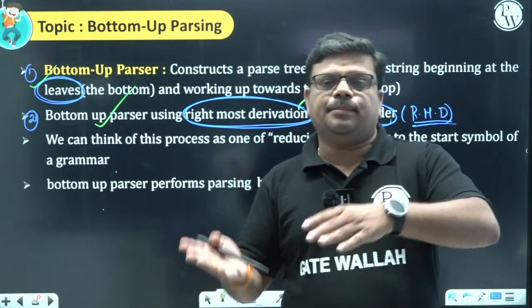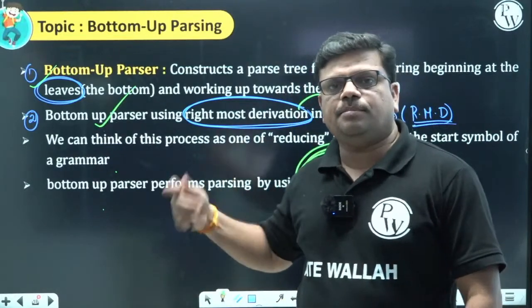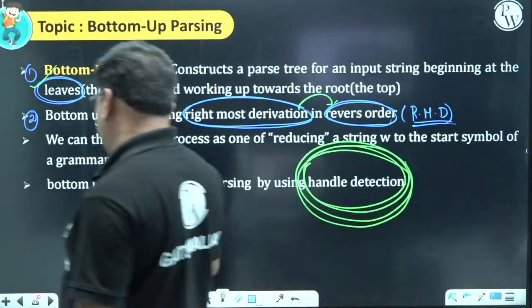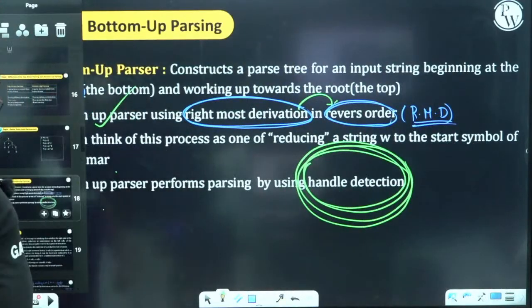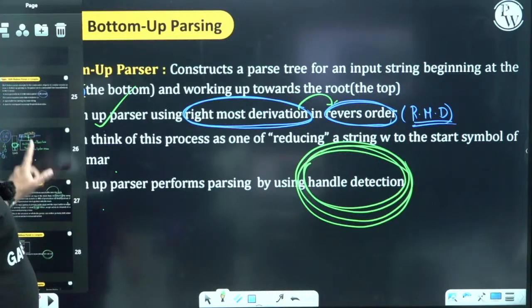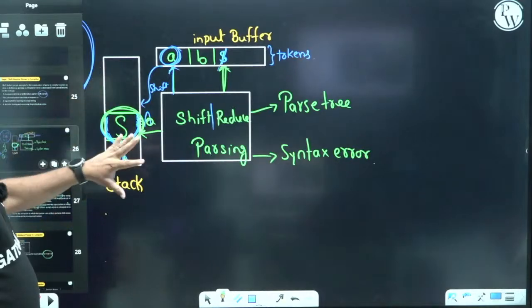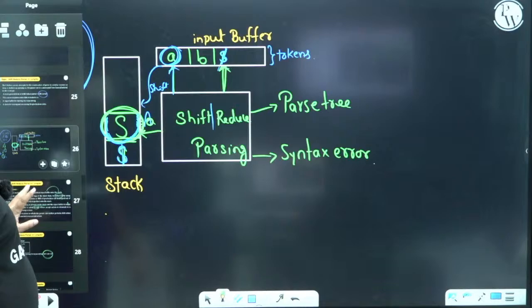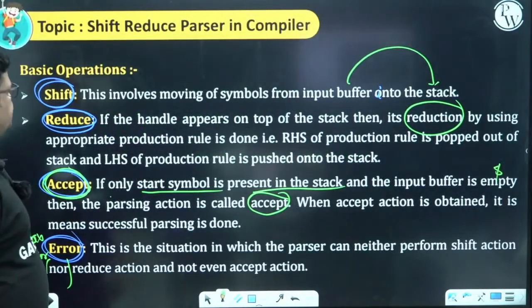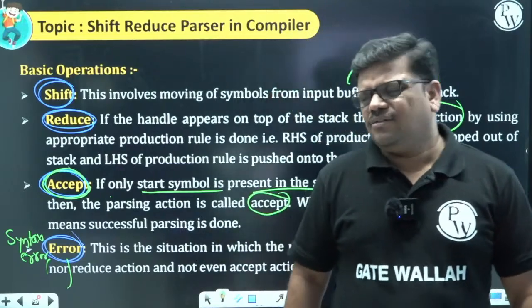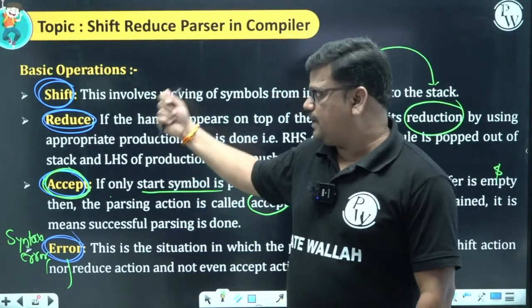If you implement a program for this bottom up parsing, that program looks like shift reduce parsing. Those programs are called shift reduce parsers. What are shift reduce parsers? The parser has a stack and an input buffer, and performs the following four operations: shift, reduce, accept, and error. We can call them actions also: shift actions, reduce actions.